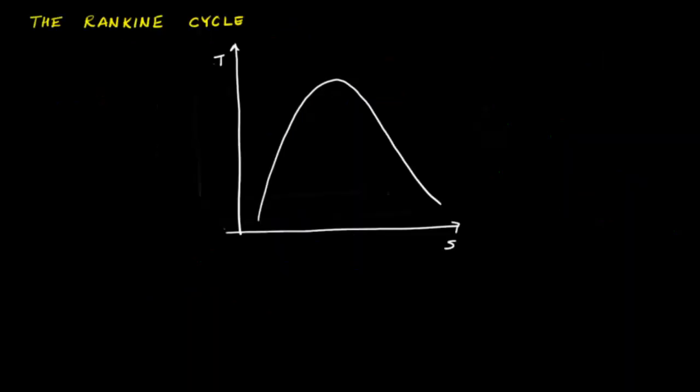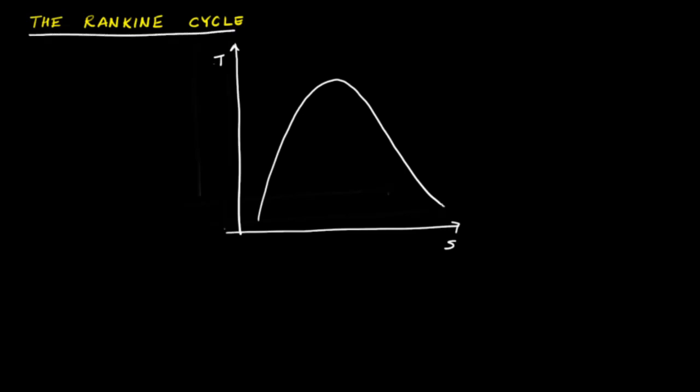So we have seen that the main engineering challenge in implementing the Carnot cycle using steam, let's say, is to compress the wet mixture in a Carnot cycle. To overcome this engineering challenge, a modification is made to the Carnot cycle. And this modification results in the Rankine cycle.